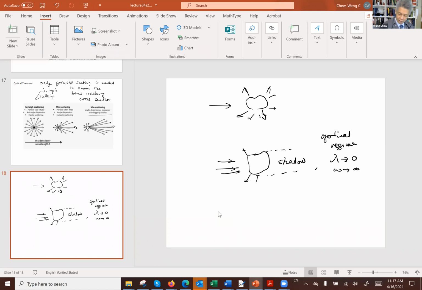If you think of this as the incident field, E incident plus E scattered is equal to E total. Over here, in the shadow region, the two must cancel each other. In other words, E scattered must be equal to minus E incident in the shadow region.